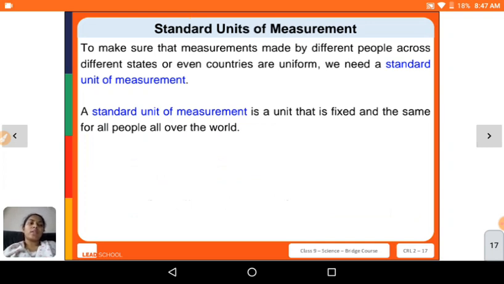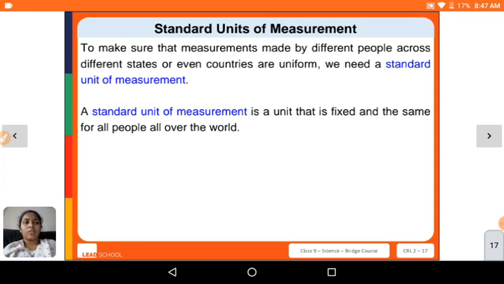To make the measurements made by different people across different states or even countries uniform, we need a standard unit of measurement. For all the people in the world, we want all the units and all the measurements to be uniform. A standard unit of measurement is a unit that is fixed and the same for people all over the world.